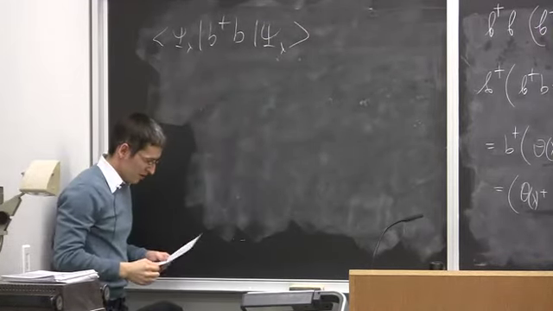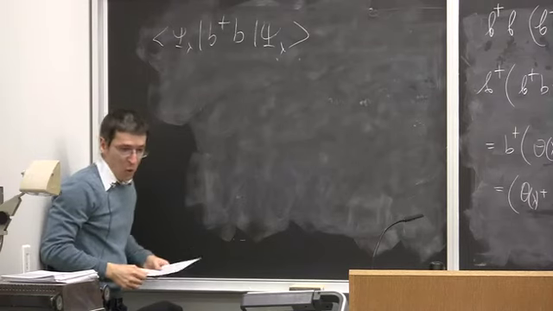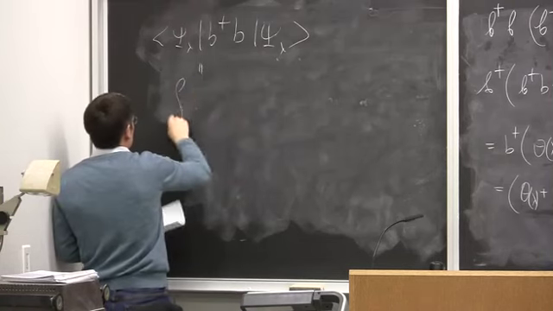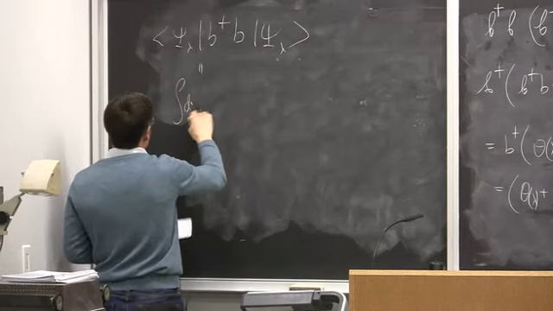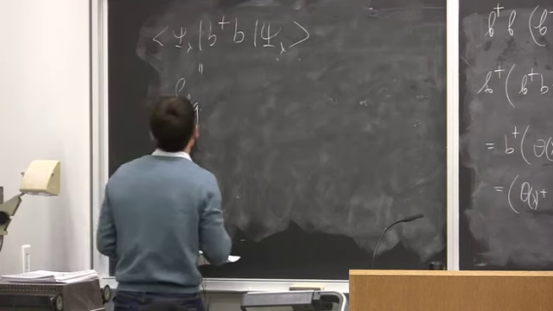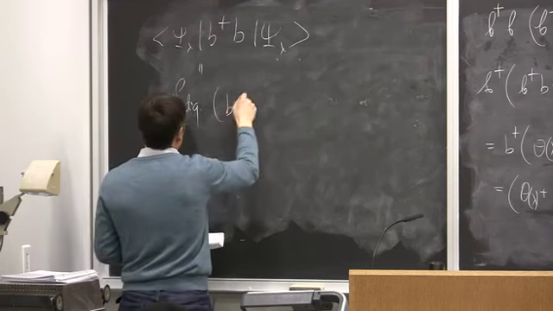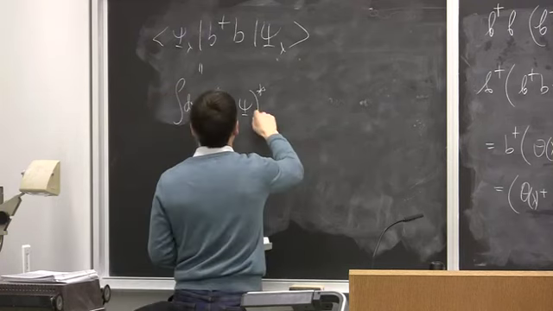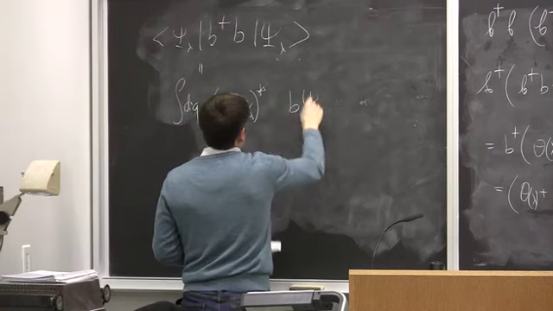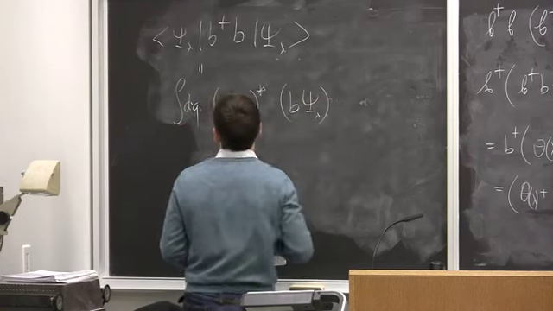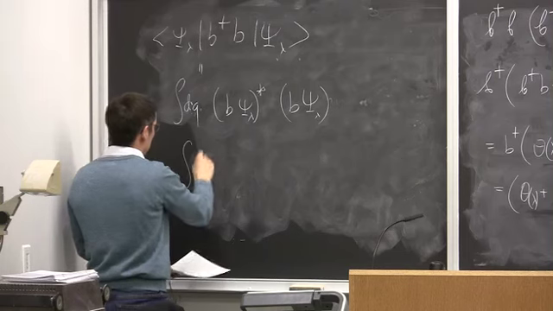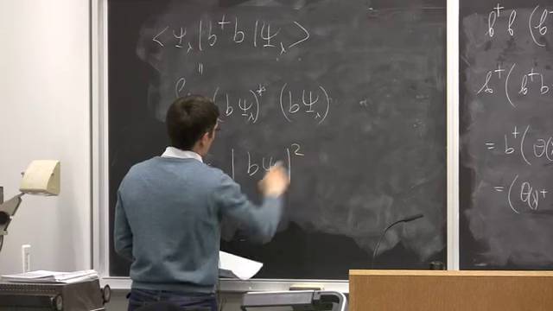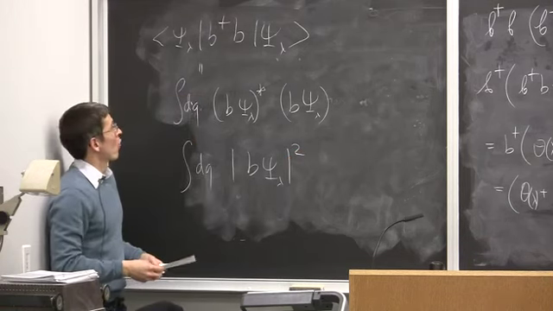If we look at this matrix element, essentially it's an integral over the q coordinate, so we integrate over q, and we have the absolute value of B psi lambda squared. Why is that?